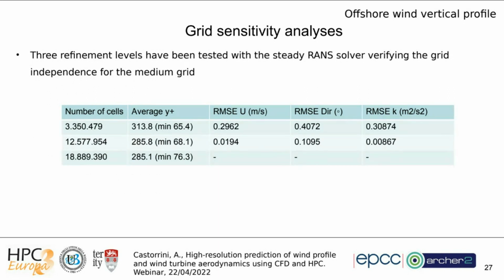And we see that with this amount of cells, we get almost no difference in the root mean square error of the velocity, direction, and turbulent kinetic energy at the measurement point, the test point. So we can take this as a grid-independent solution mesh.